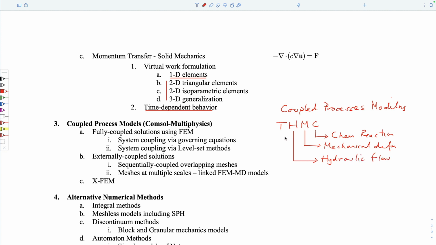So my writing may be poor, but hopefully you can read it. And thermal transport.